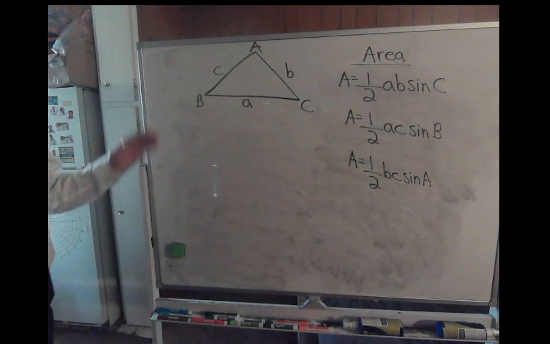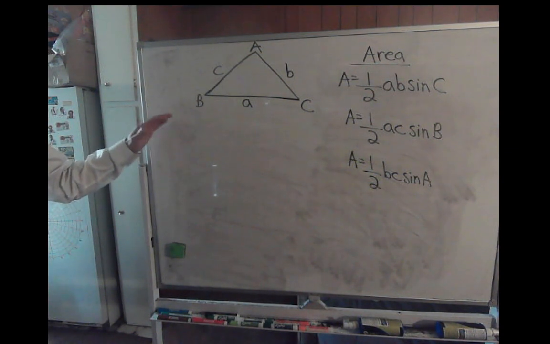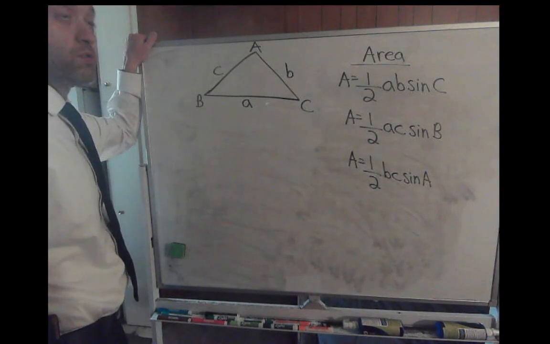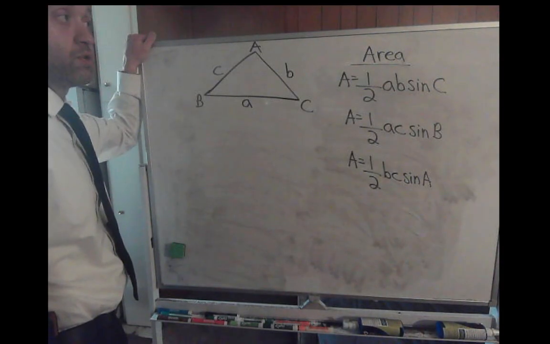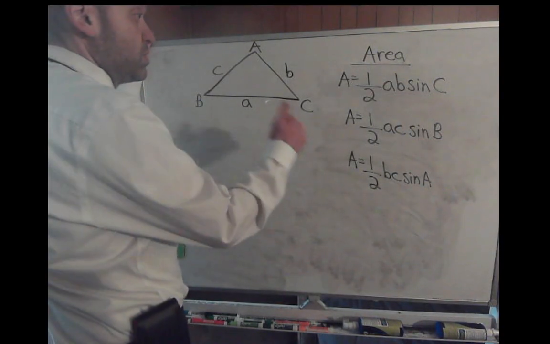Trigonometry enables you to find the area of a triangle if you have two sides and an included angle, a side-angle-side triangle.